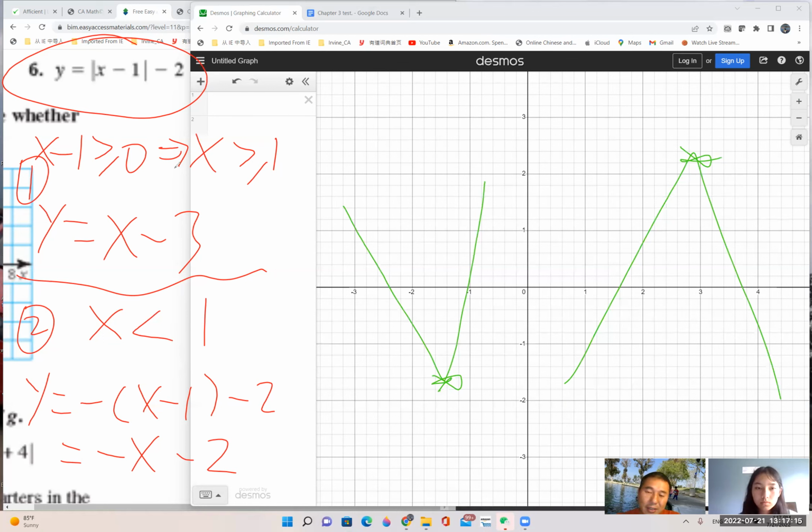Okay, so think about it. When x equals which value, then the vertex happens? Means the vertex is located at what kind of x value?